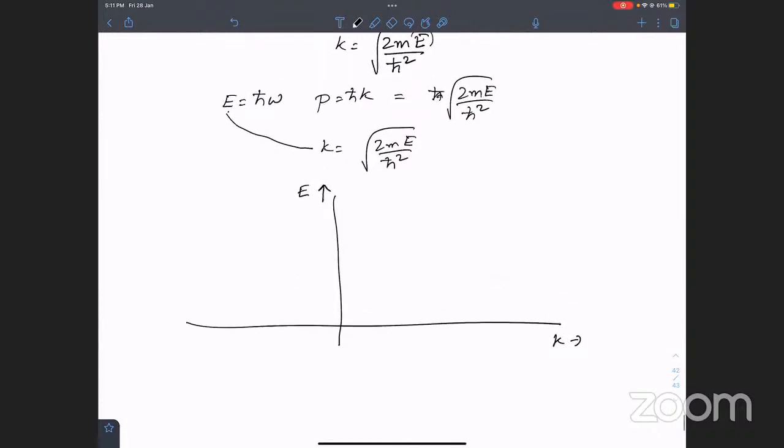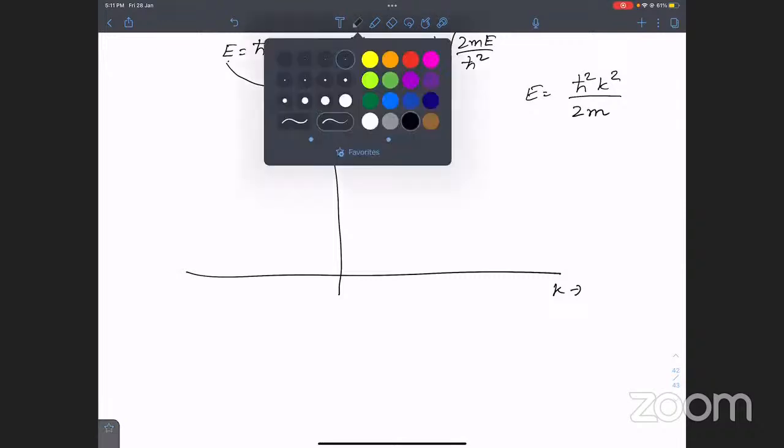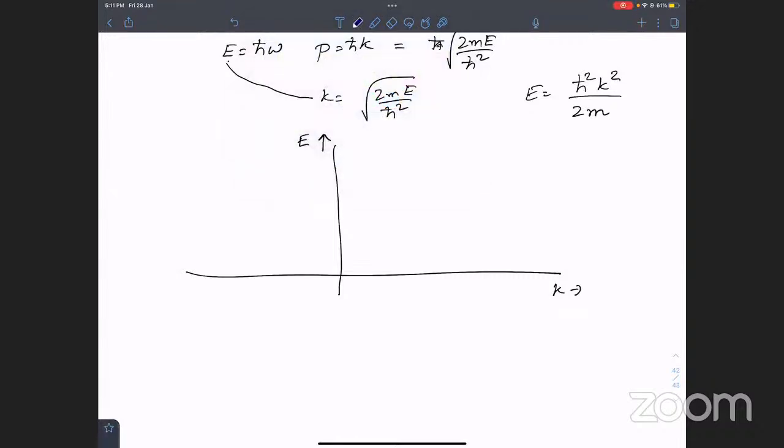E versus k, as you can clearly see, E is nothing but h bar square k squared upon 2m. So when k is 0, E is also 0. This idea is very important.